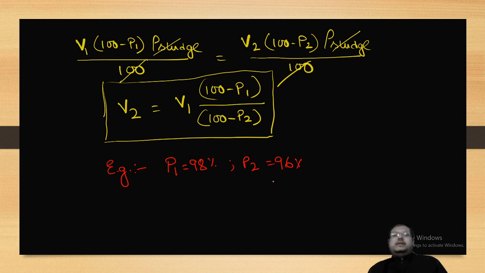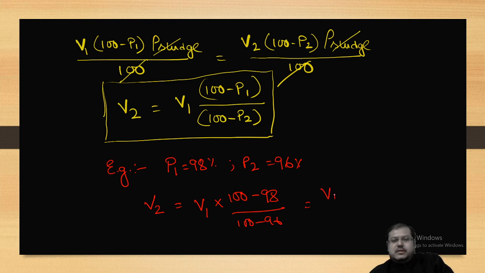So V2 equals V1 into 100 minus 98 by 100 minus 96. It's V1 by 2. V2 is equal to V1 by 2.